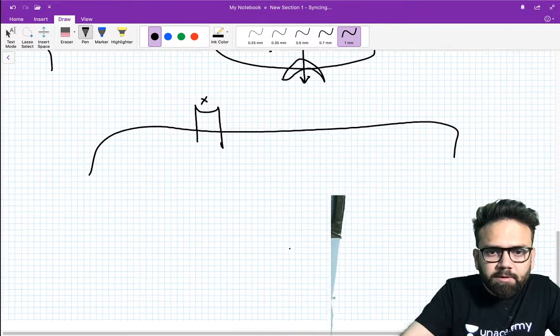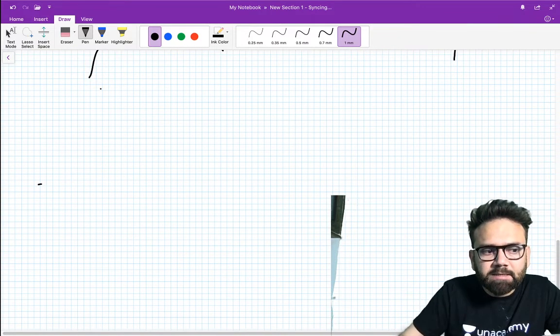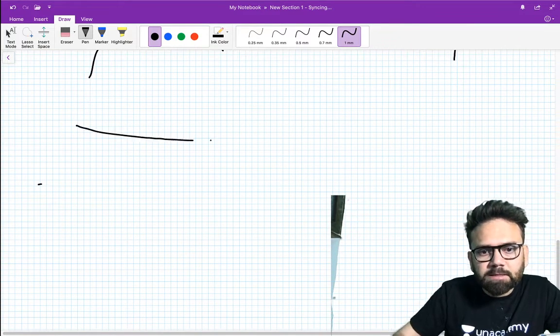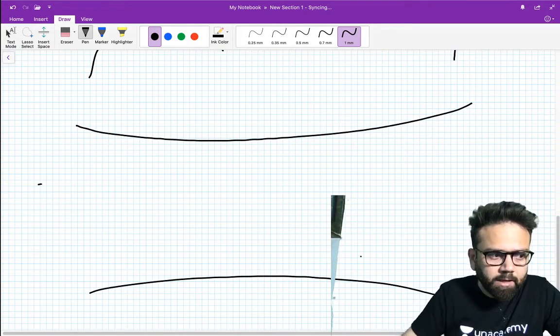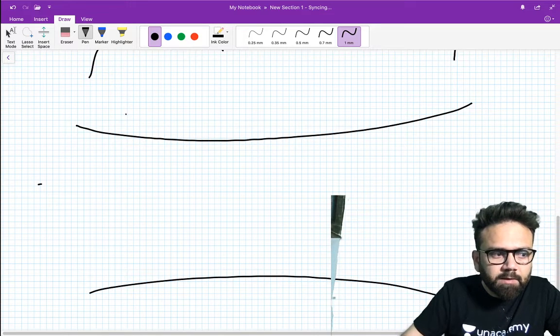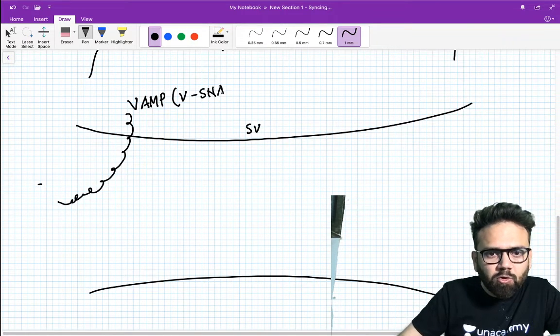It occurs at the junction of the nerve terminal and synaptic vesicle. Suppose this is your synaptic vesicle and this is your nerve terminal. Between these there is a protein at the synaptic vesicle, called vesicle associated membrane protein, VAMP, or V-SNARE.